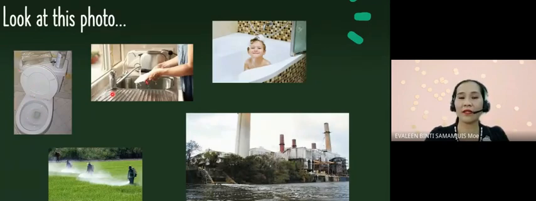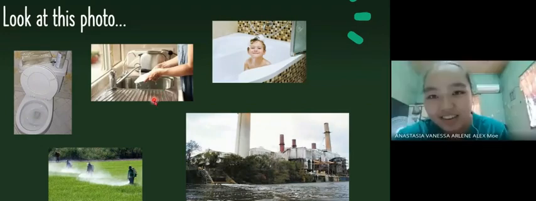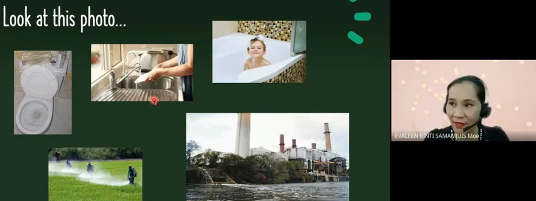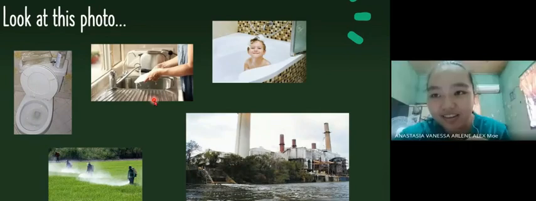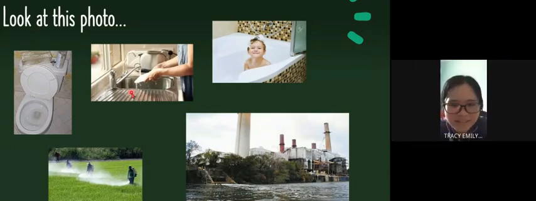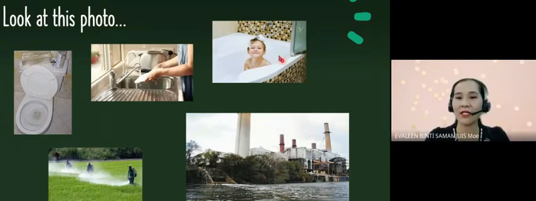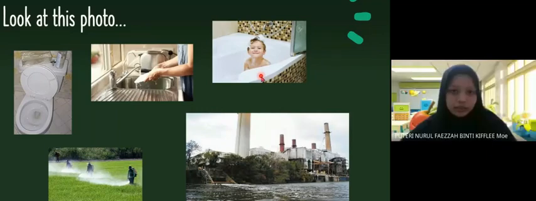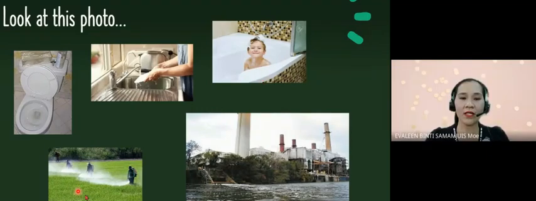The second one is a kitchen sink. What is she doing? Washing the dishes. And then this one, bathing, and then this one, agriculture.